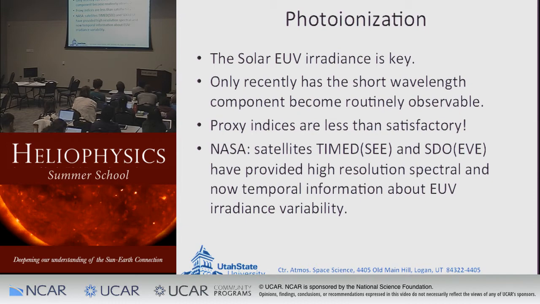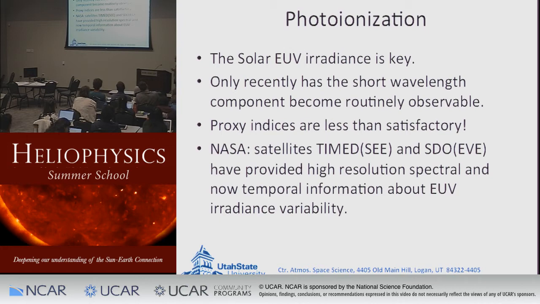I should just say that our field still lacks a good way of describing the storm variability, the flare variability, of that soft X-ray component. There's a number of attempts to model it with proxy indices, but I would say we're still not doing a good job. The satellite databases have been awesome.